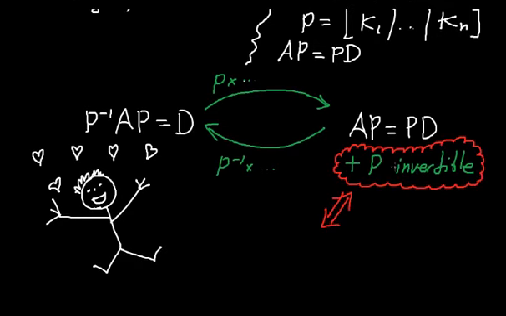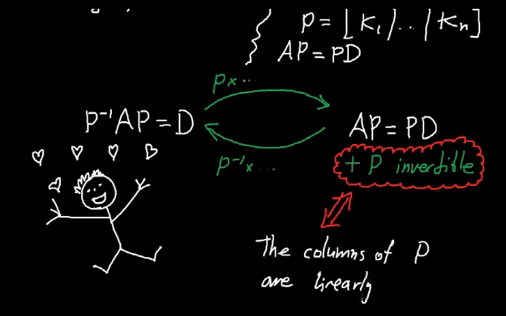So it turns out that P is invertible exactly when the columns of P are linearly independent. So in other words, those eigenvectors are linearly independent.